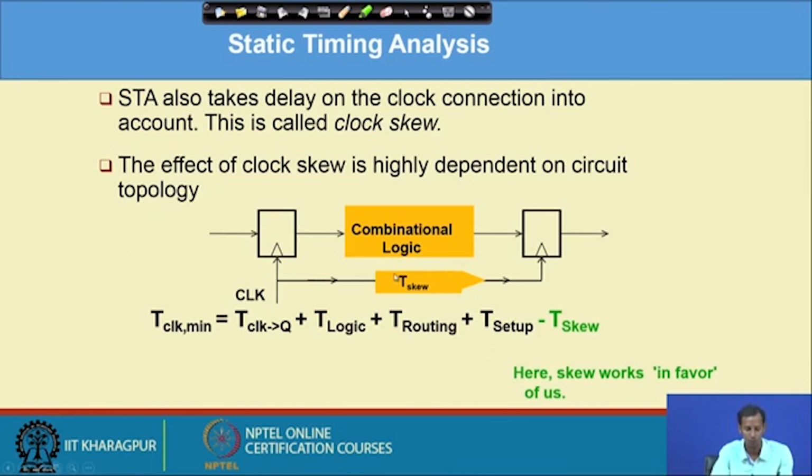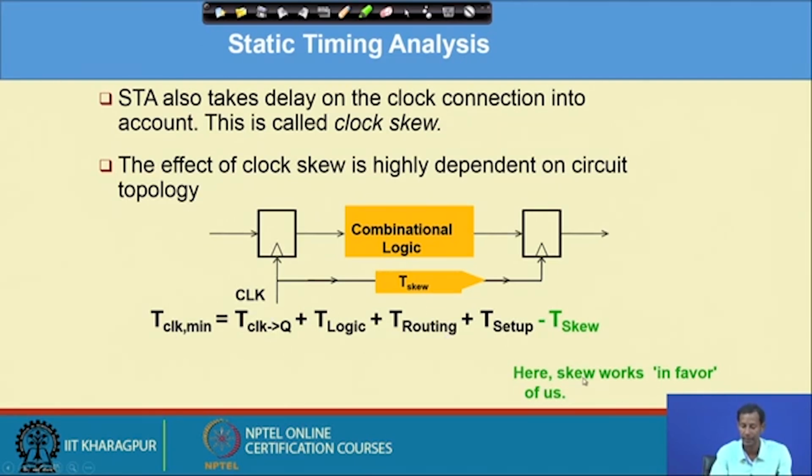But for the time being, if this clock has a skew, and it is in favor, meaning from this path to this path the clock skew is positive, then at that time this T skew will be subtracted from the corresponding delay. Why?